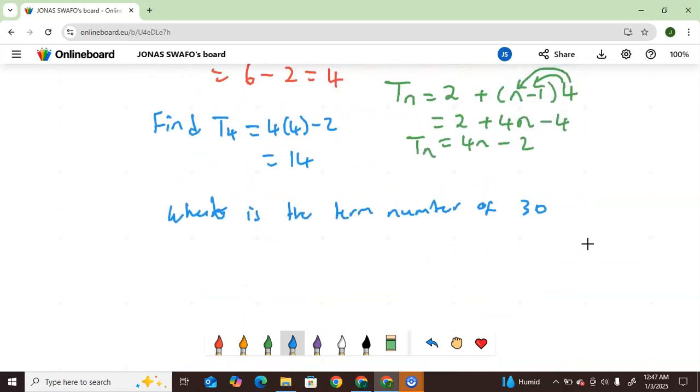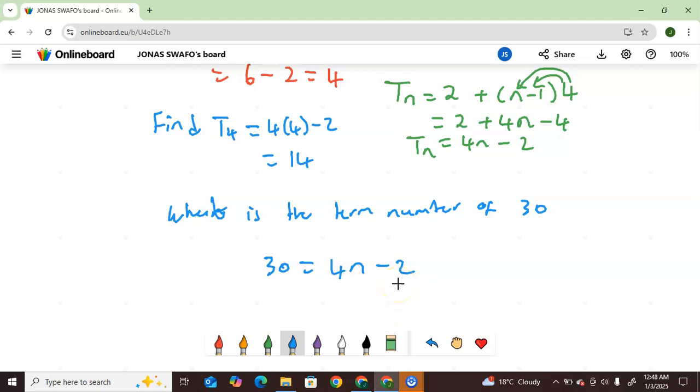Then remember I said the term number is an n, so they're looking for an n. So if they're looking for an n, then what should you do? You know your Tn, so if they say 30, that means that's your Tn. So from the general formula, you're going to substitute 30, which is equal to 4n minus 2. They're looking for the term number. The term number will be your n.